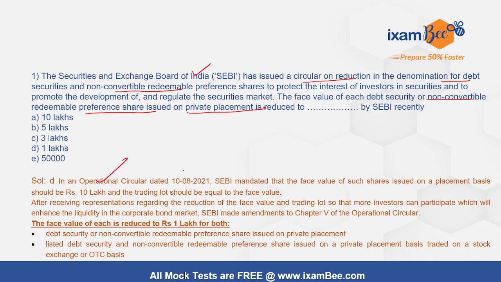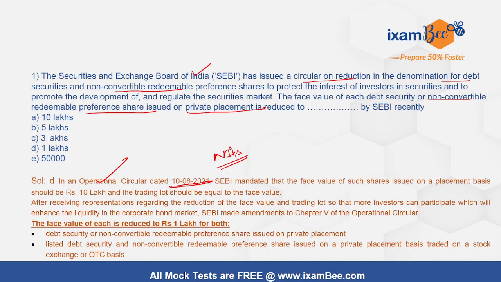Earlier it was 10 lakh as per the earlier circular which was issued by SEBI. But then SEBI had received various representations from various market participants and other stakeholders, and they had also expressed their concern that ticket size, particularly for non-institutional investors, is very large, which actually is a deterrent for them, and it also restricts their ability to access the corporate bond market.